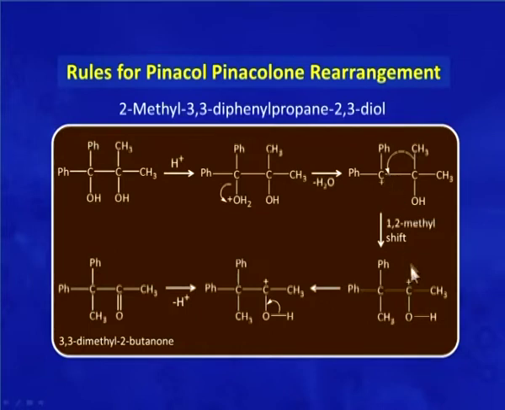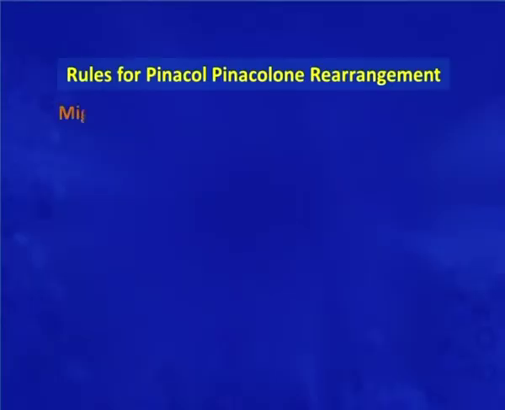As a result, there is a deficiency at this carbon. The removal of a proton from this intermediate results in the formation of 3,3-diphenyl 2-butanone as the product.